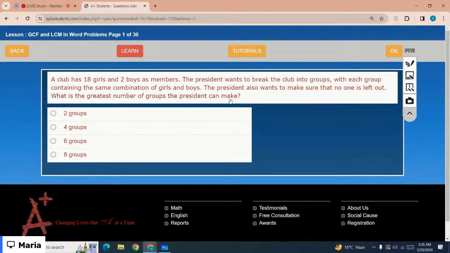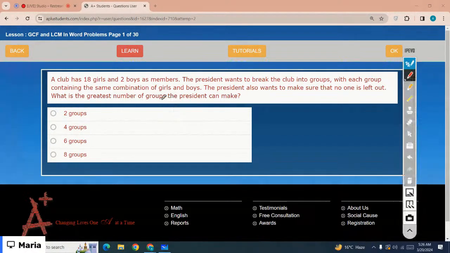So you have to make the prime factors of 18 and 2, right? 2 times 3 is 6, and 6 times 3 is 18. For 2, that is just 2 times 1. So you have to find the greatest common factor, the GCF.